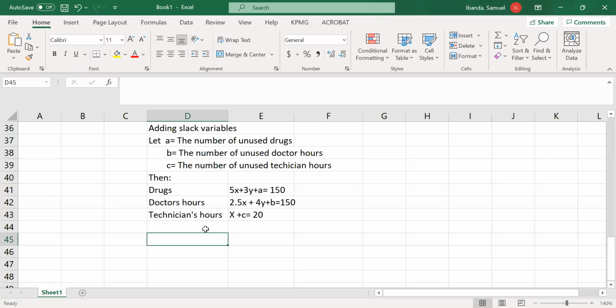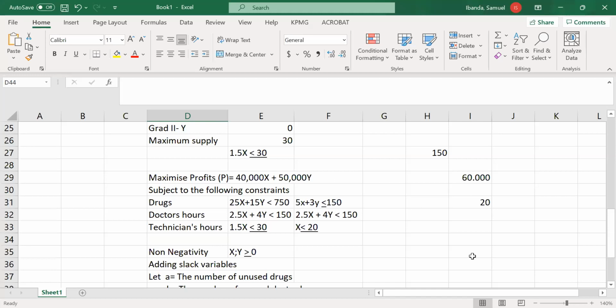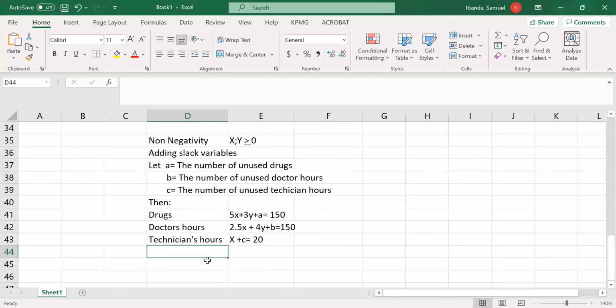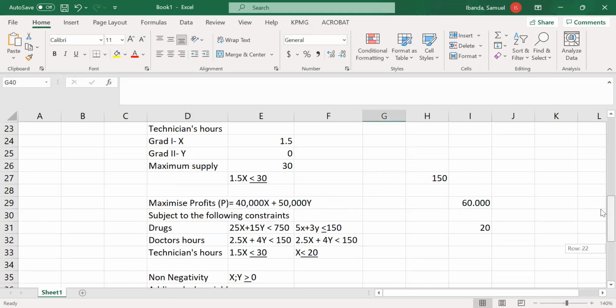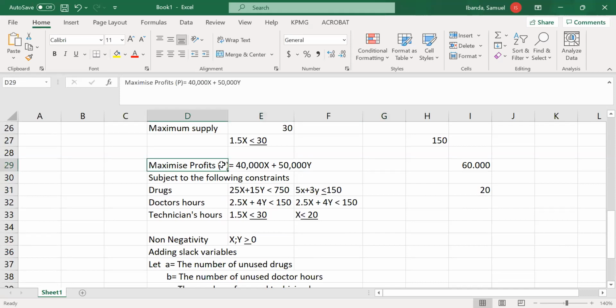Our objective function, which is maximize profits, P is equal to this one, we are going to make this equation equal to 0.